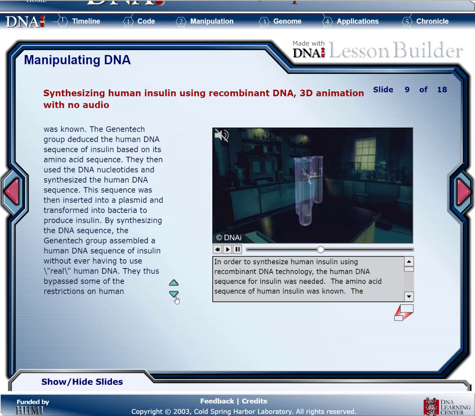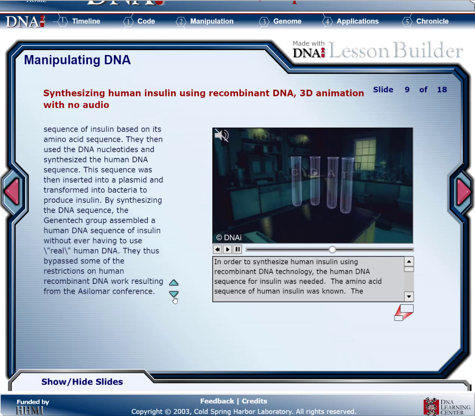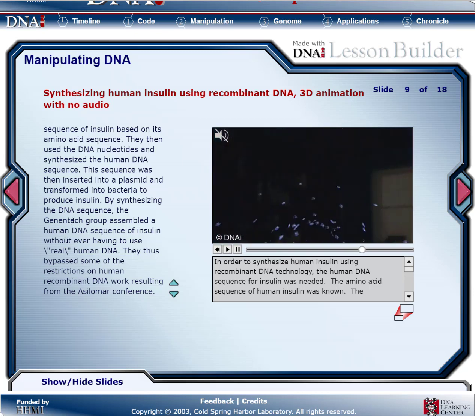This sequence was then inserted into the plasmid and transformed into the bacteria to produce insulin. By synthesizing the DNA sequence, the Genentech group assembled a human DNA sequence of insulin without ever having to use real human DNA. They thus bypassed some of the restrictions of human recombinant DNA work resulting from the Asilomar Conference, whatever that means.